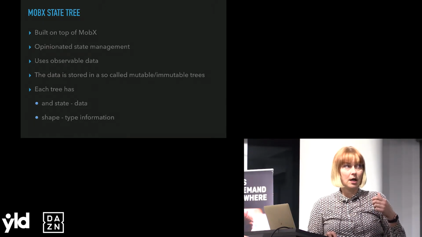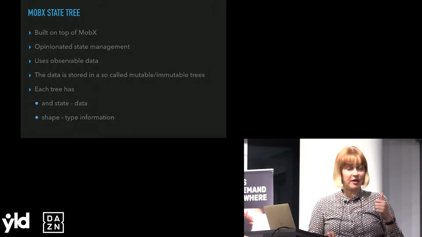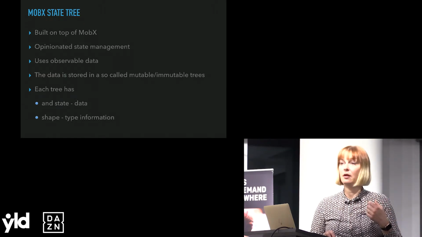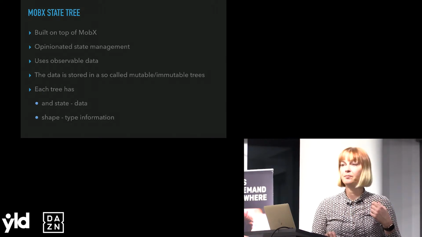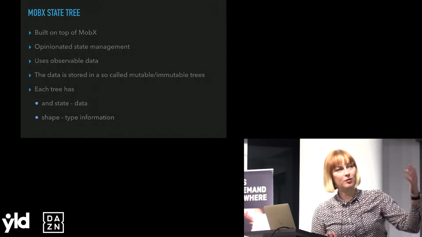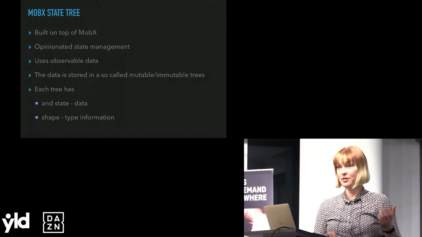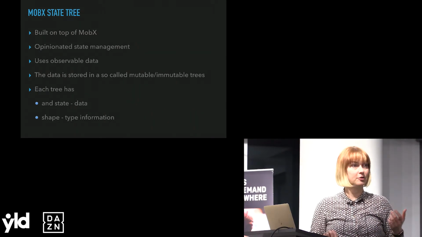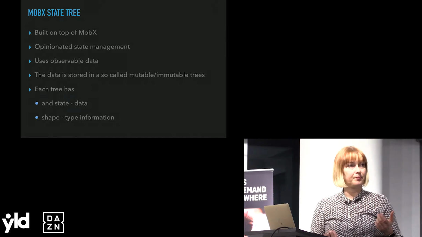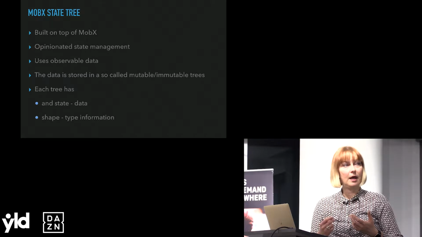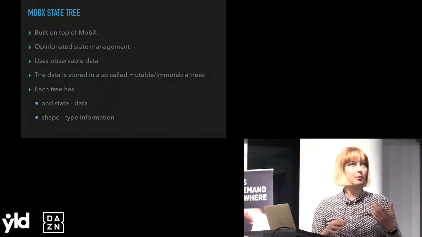Very important is that it uses observable data, and the data is stored in so-called trees that are, you see, mutable/immutable. It's very interesting. You can mutate your trees in your stores, and you can freely work with the model.